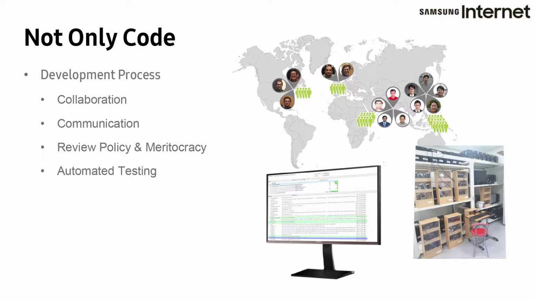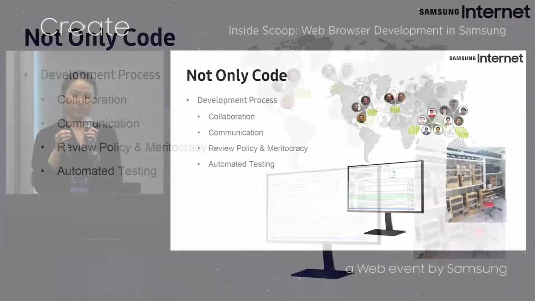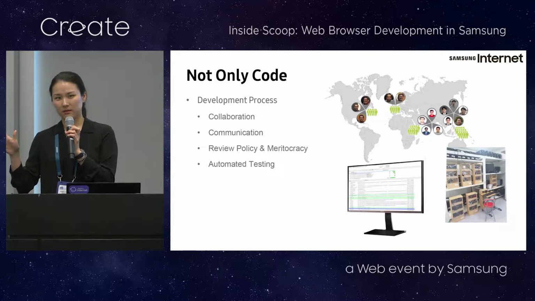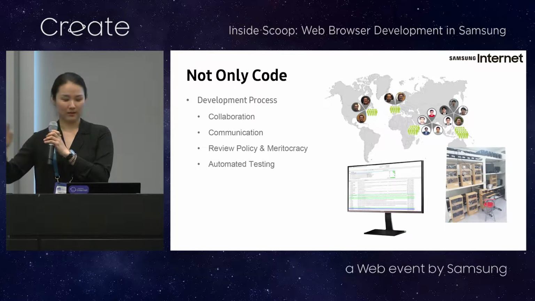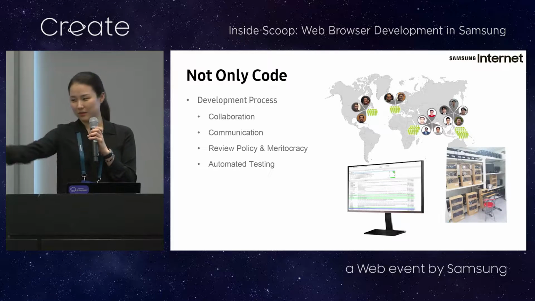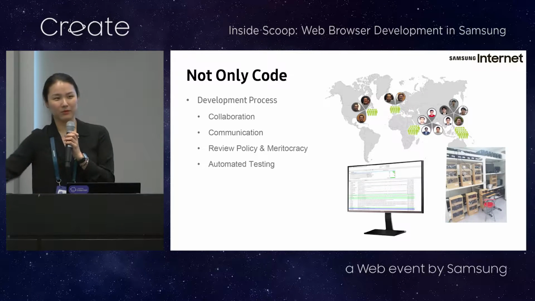So you can see that this is not actually the latest version, but our browser team is actually located all around the world. We have a team in Korea, India, US, UK, and China. And we need to collaborate tightly, actually. In many cases, the HQ and other regional offices are kind of like, you do this, and they'll just do whatever the HQ tells you.